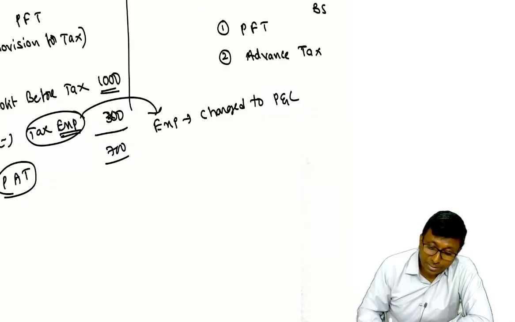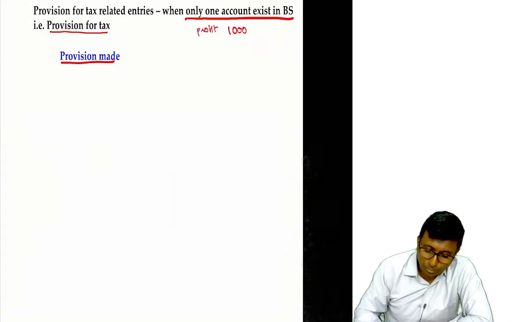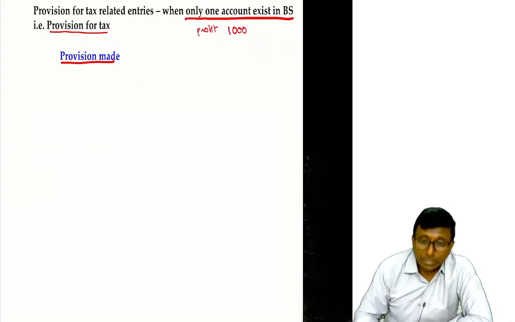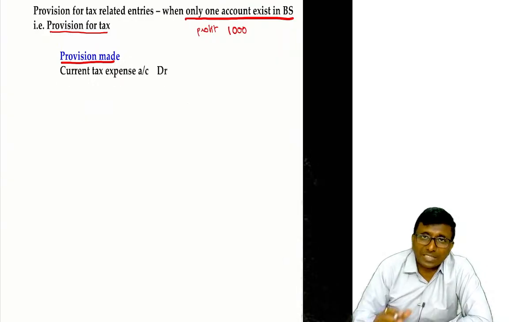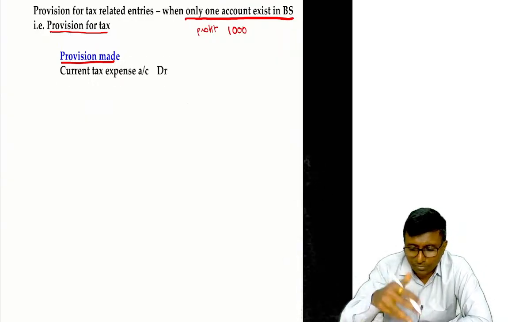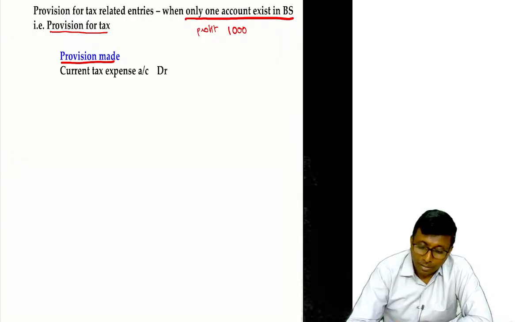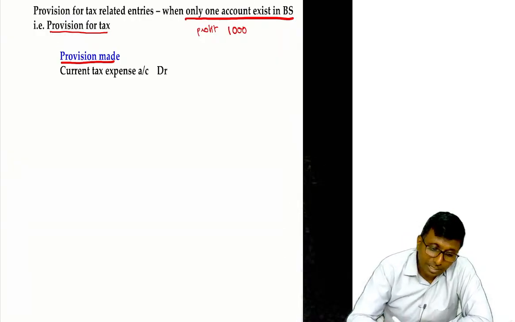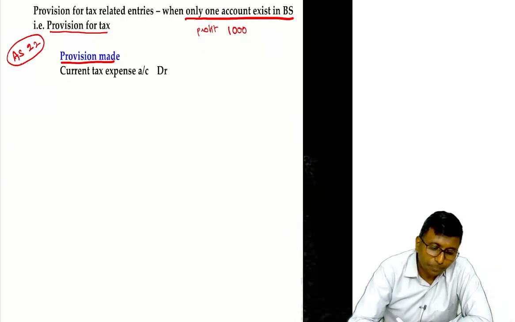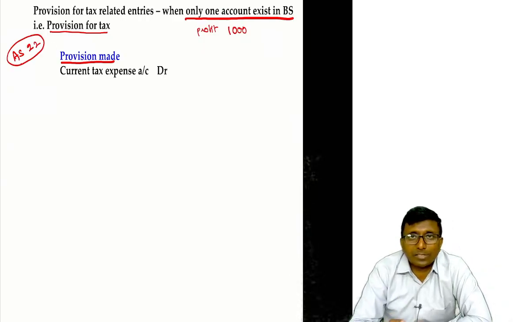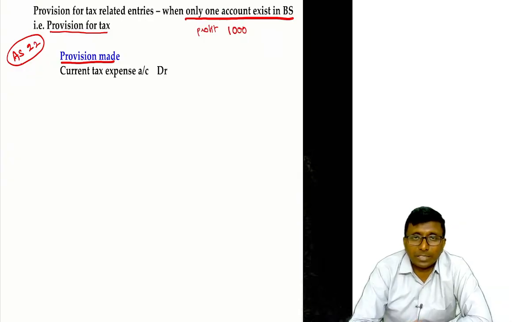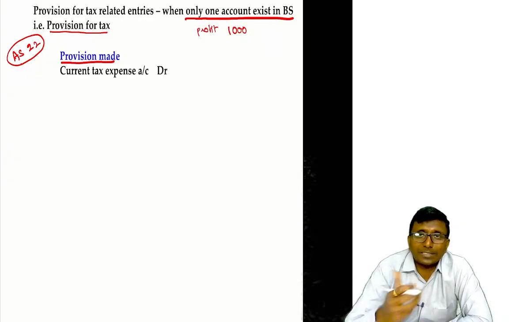When you make a provision, what is it that you will record, sir? Tax expense account debit. That is current tax, we call it. Current tax means for the current year, as per the Income Tax Act. Again, this concept I am going to explain when I deal with Accounting Standard 22. Every standard will have journal entries. Obviously, that is how you have to build your basic concept.